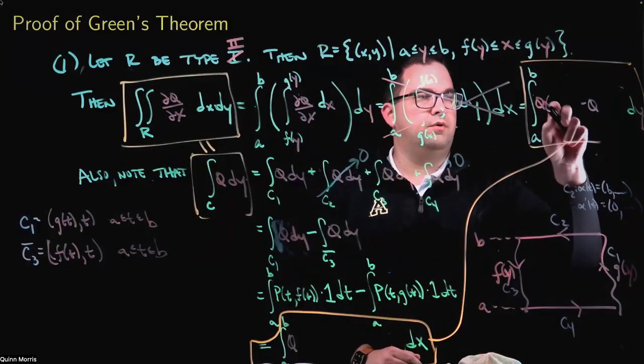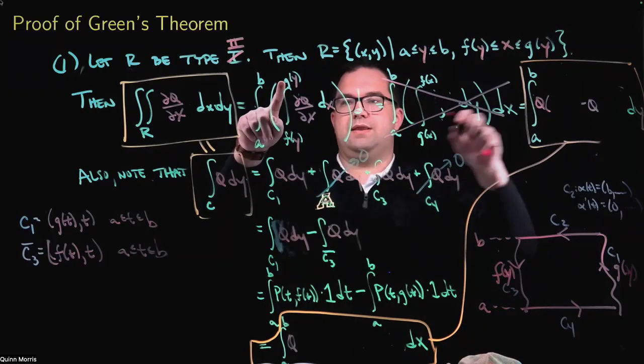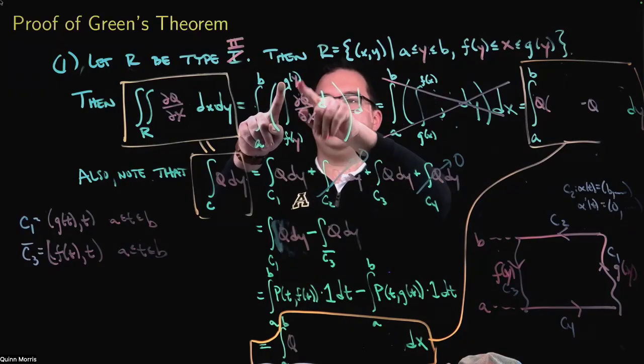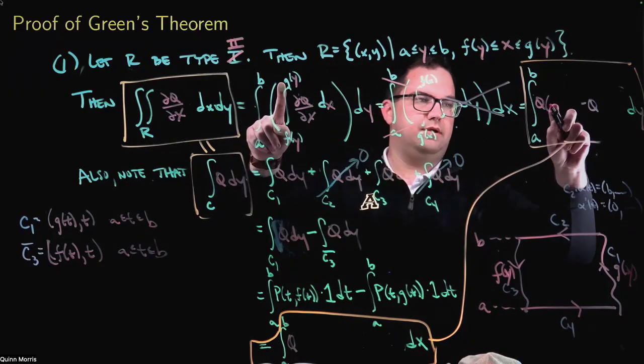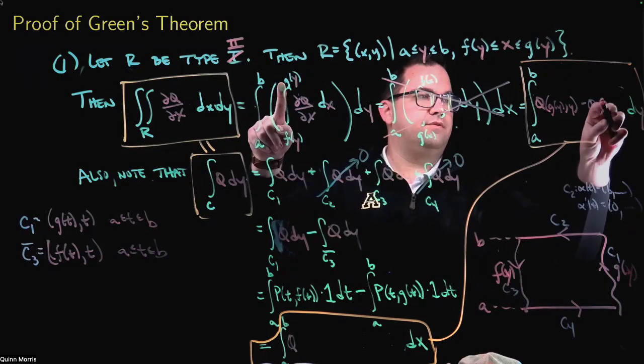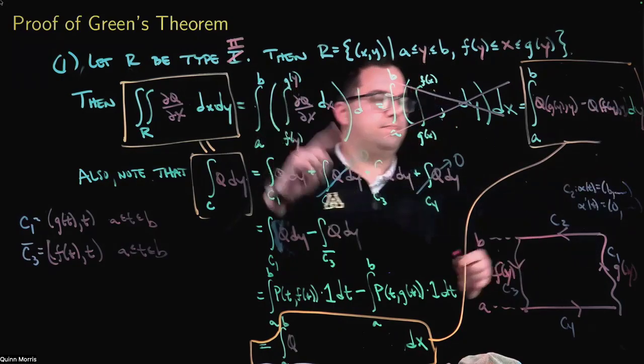So this is q of, let's see. Again, we're evaluating here. We evaluate the antiderivative, which is q, when x is equal to g of y, right? So this is g of y, y, and then this is f of y, y. Okay.